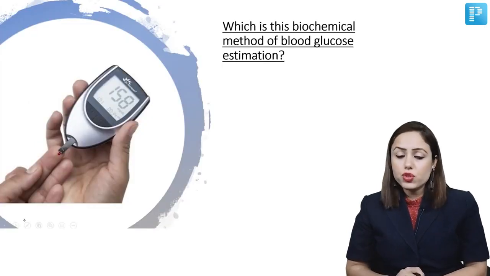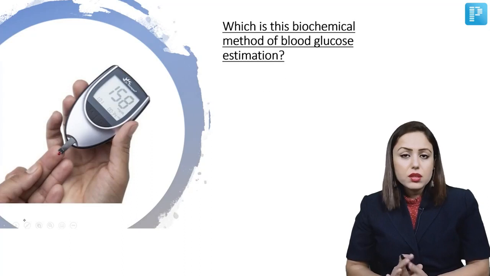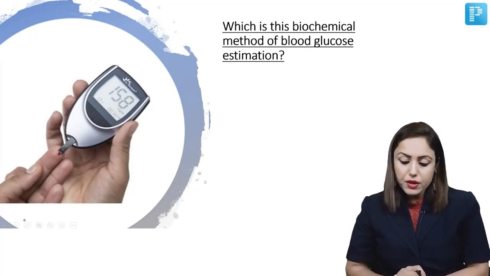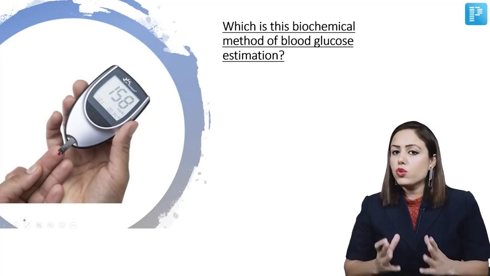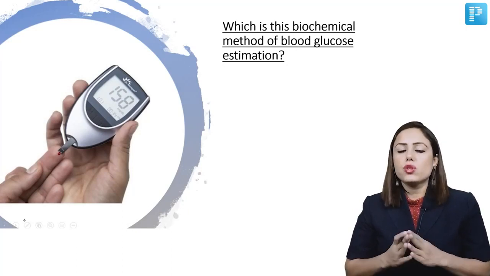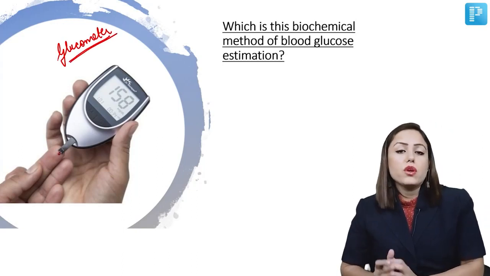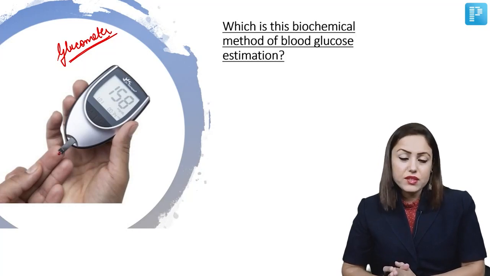Then see the picture and tell me which is this biochemical method of blood glucose estimation. You know that routinely this is used at home. This is glucometer. So the question is, which biochemical test is happening here inside the glucometer?